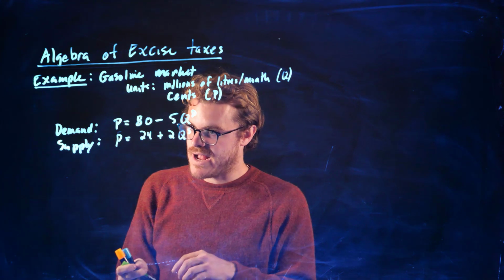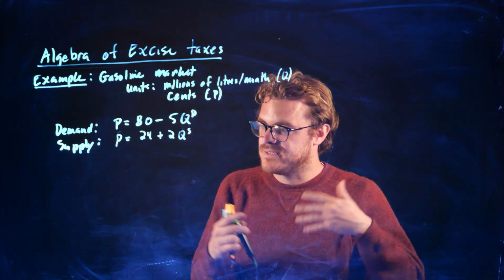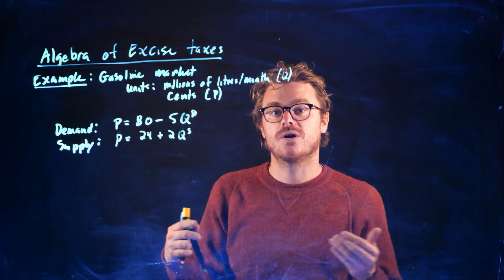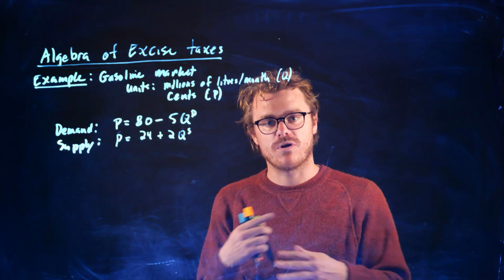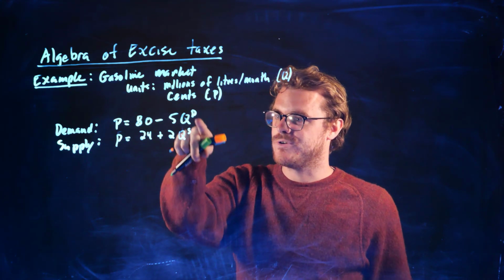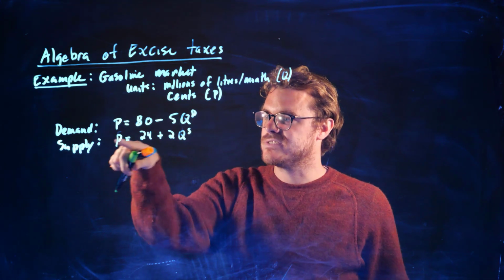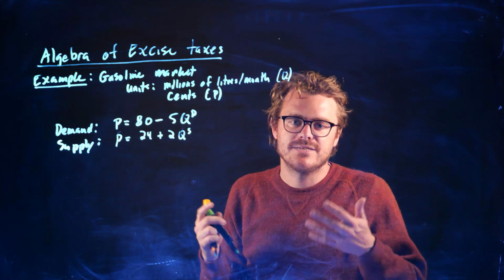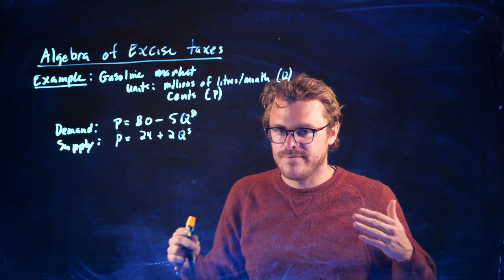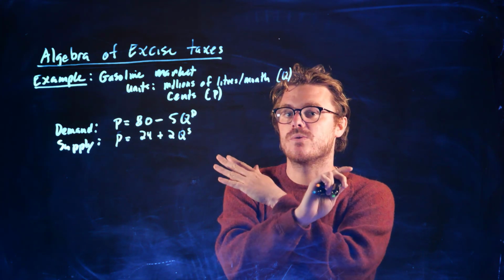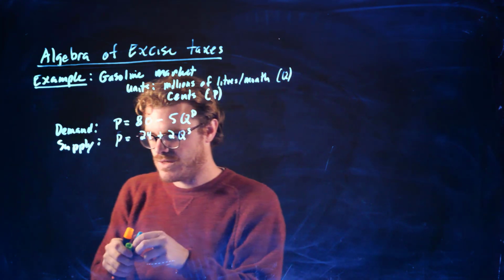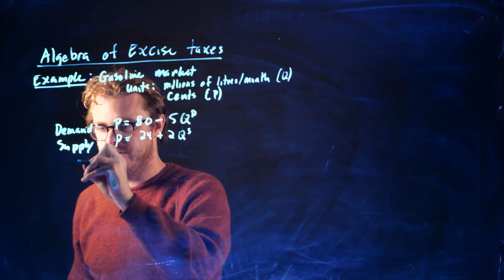And so if you remember, we solve for the simple equilibrium by setting these two equations equal to each other to see where they cross. Before we had QD on the left-hand side and QS on the left-hand side, but it doesn't really matter, right? We're still solving for where these two lines equal each other and cross. So we can invoke equilibrium.